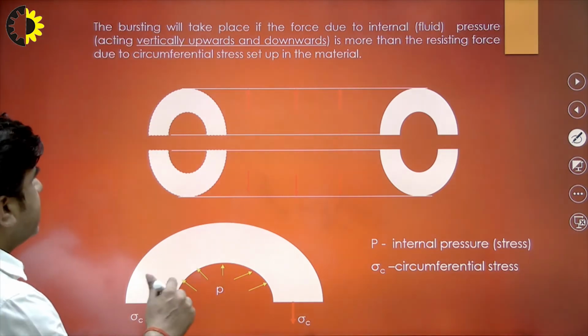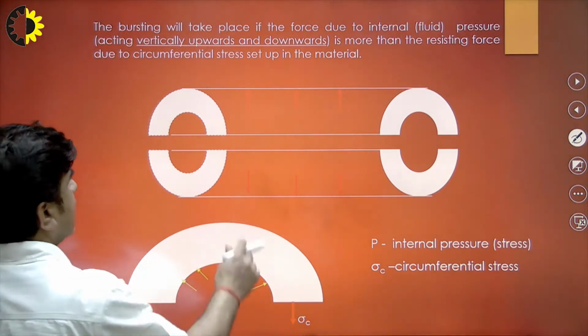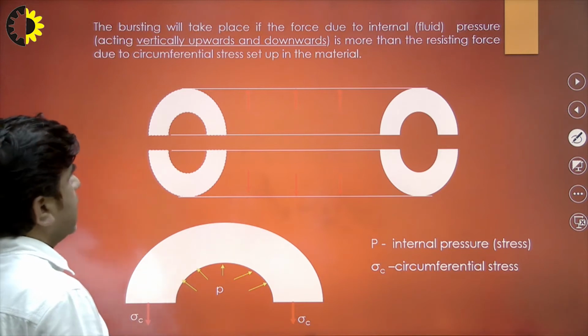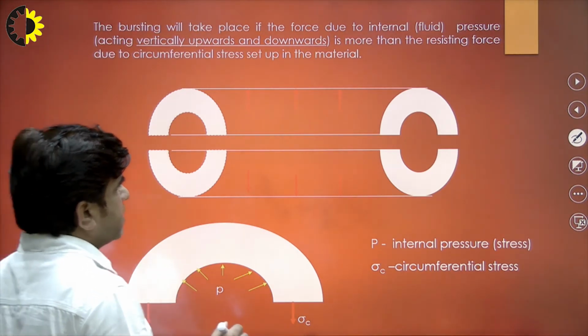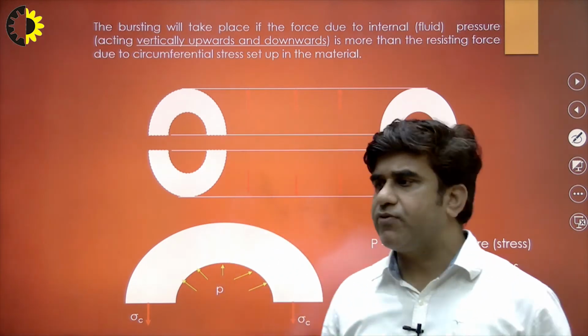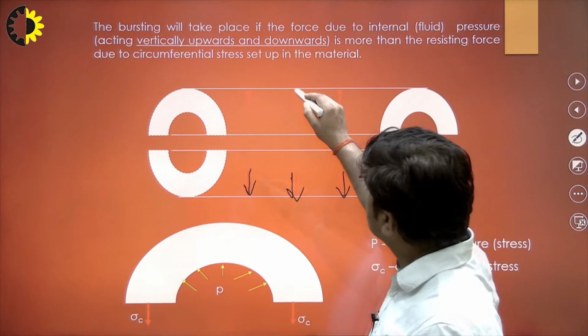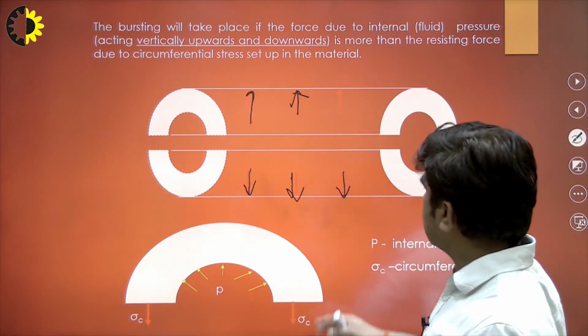So if I see, this is a cylinder and fluid is here under pressure. If bursting is along the circumference, these are the pressures acting on the wall.